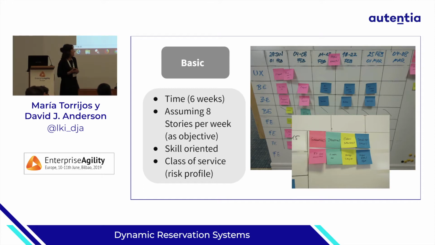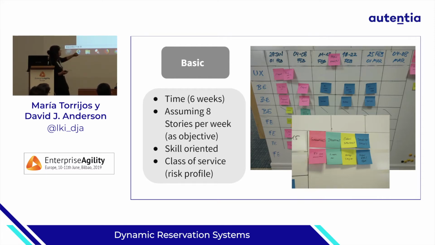Within the team. Well, here we were assuming in the basic one, as we didn't have historical data to rely on, we didn't even know how many tickets per type of work we were able to deliver on a weekly basis. So we said, okay, let's try to set up an objective, something acceptable, taking into account the time to market threshold, let's say.